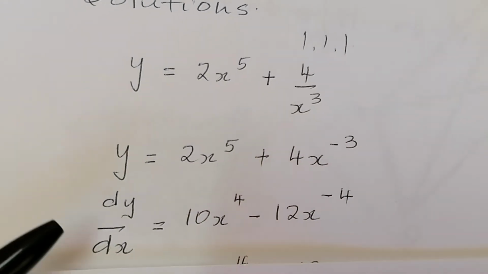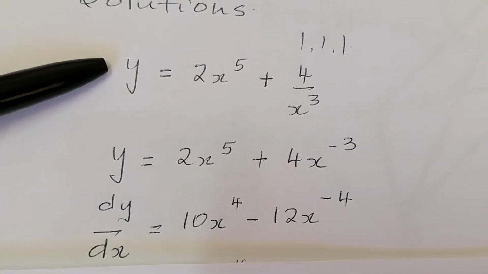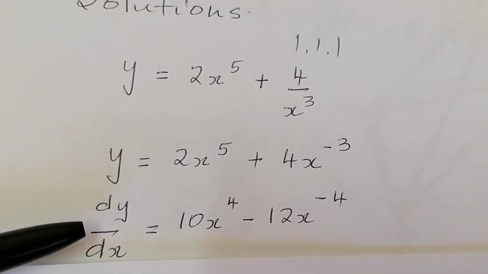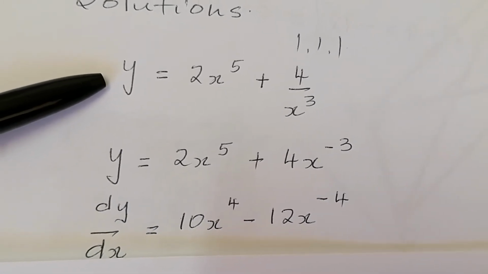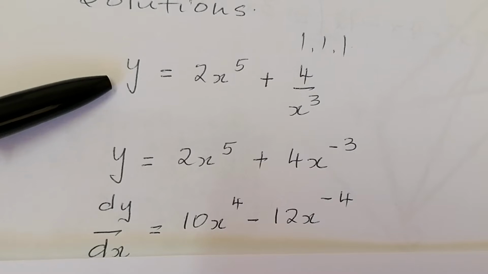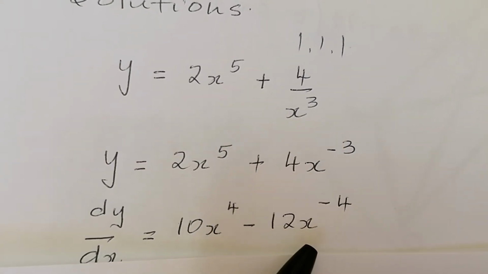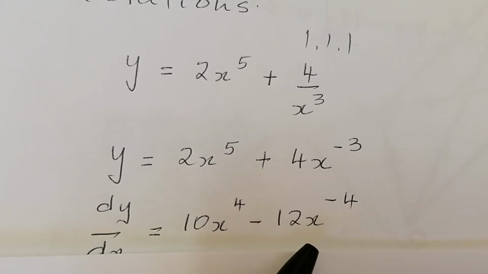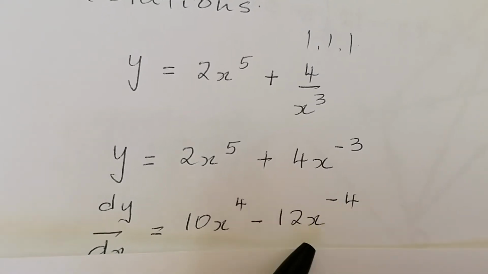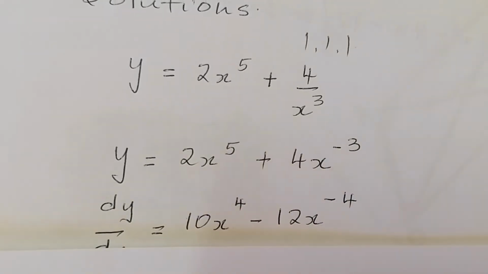Now, I have differentiated this function with respect to x here. That means this is the gradient everywhere in that particular function. But now, the last step: I always encourage my learners to give exponents as positive. Your final answer must have positive exponents.